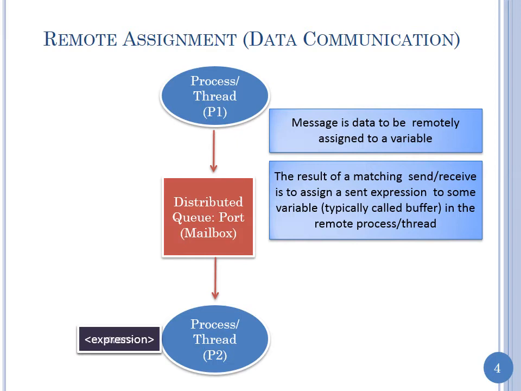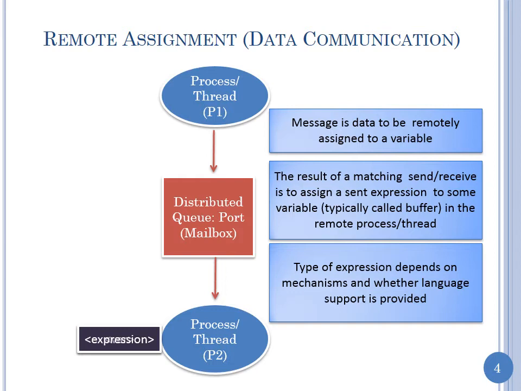To make this very apparent, I'm going to use a very, very old language and some interesting syntax. As for the type of expression, you might just allow strings to be sent, or you might allow arbitrary data types to be sent. That's an orthogonal issue, but languages have differed based on what types they allow to be sent this way.